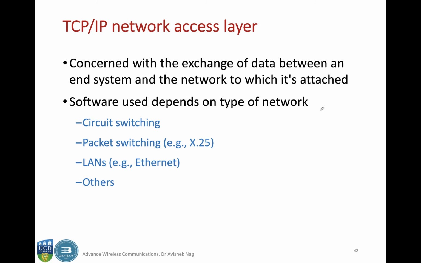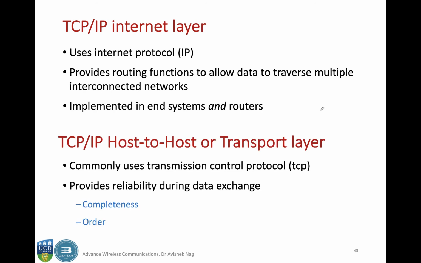Then the network access layer is concerned with the exchange of data between an end system and the network to which it is attached. The software that is used to perform the tasks of this layer depends on the type of the network. It can be X.25 for packet switching, it can be Ethernet for LANs, etc. Then the internet layer uses the internet protocol called IP.